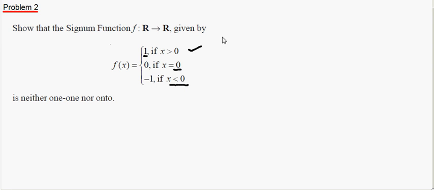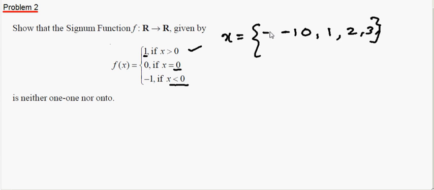So let me select a set of numbers for x, for example, I'll take 3 positive integers or real numbers, and a negative 2. What will be f(x)? I can write the function like this. If I take a value of 1, f(x) will be 1.